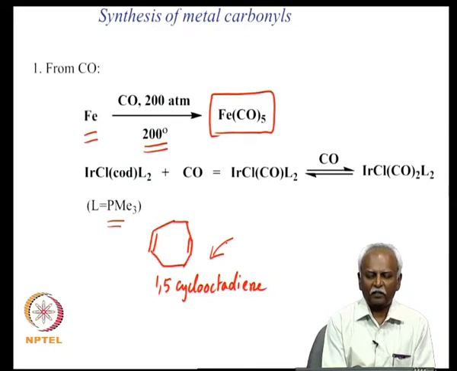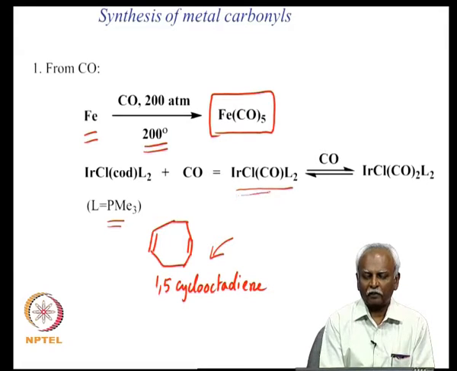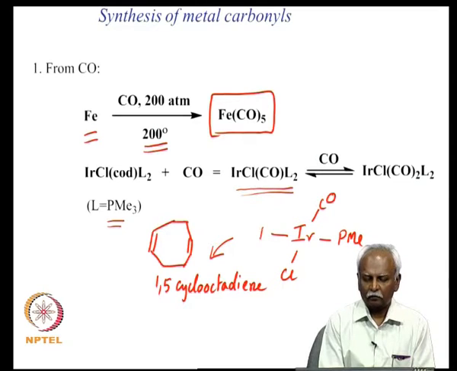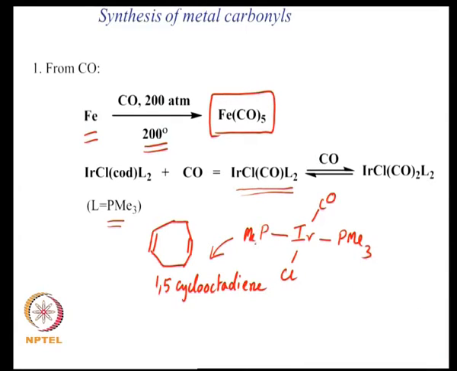It can be replaced by carbon monoxide to form this familiar complex, which is a square planar complex with Cl and CO in the trans geometry and two L ligands, which are PMe3, coordinated in like fashion.